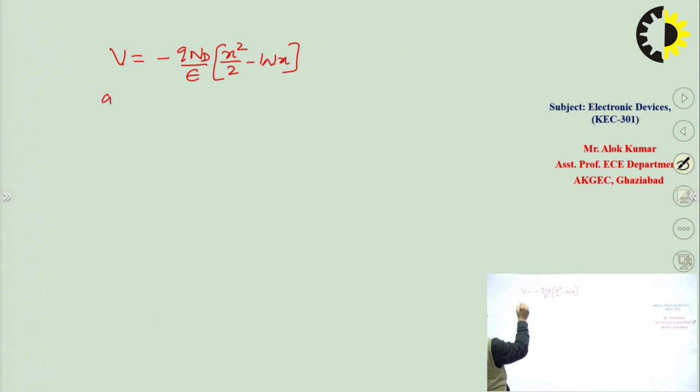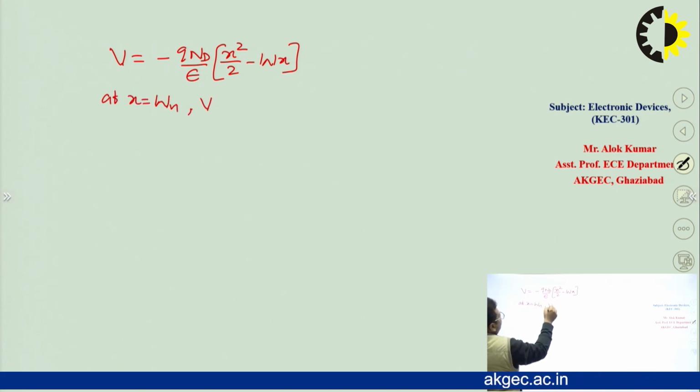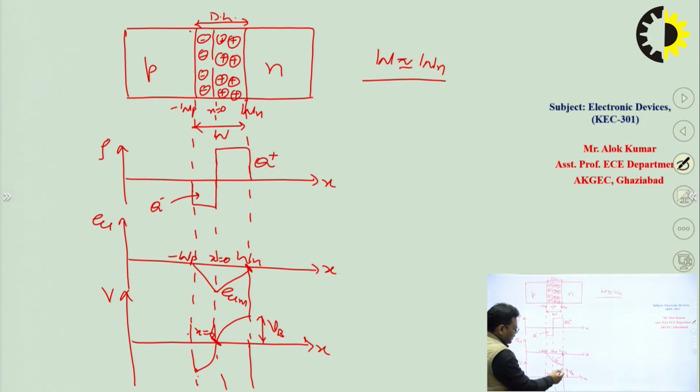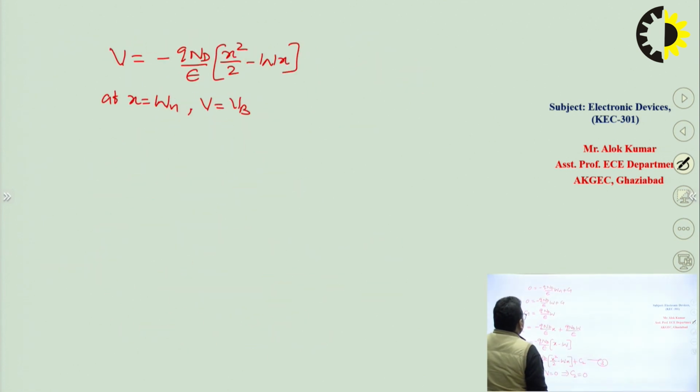Now at x is equal to Wn, this V will be equal to VB. Again we can see in this diagram, at x is equal to Wn, V will be equal to VB, right? VB is nothing but the barrier potential.